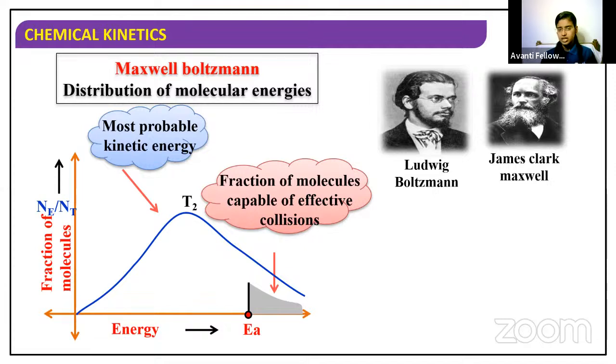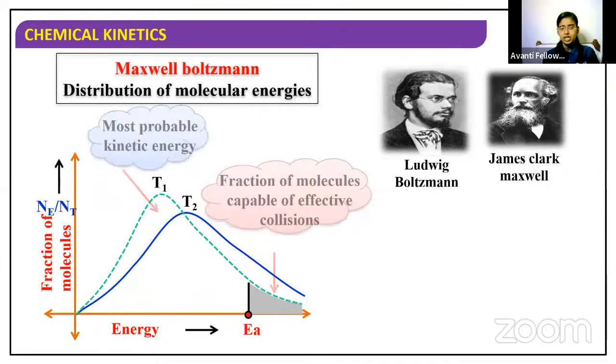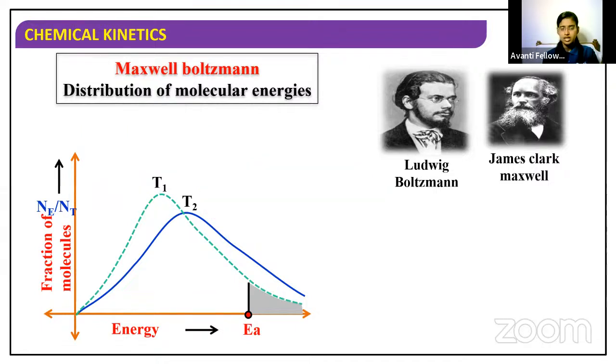If I change the temperature from T1 to T2, the curve position is also changing. Now you see the difference between the two curves. T1 has the highest peak position compared to T2. So this is the graph we observe for fraction of molecules versus energy for two different temperatures.